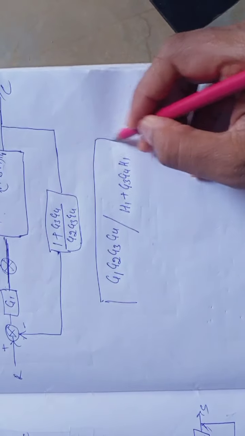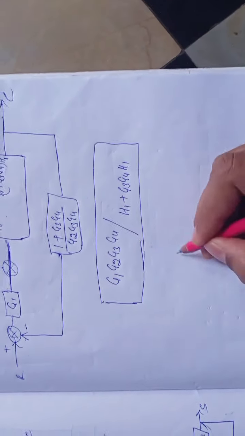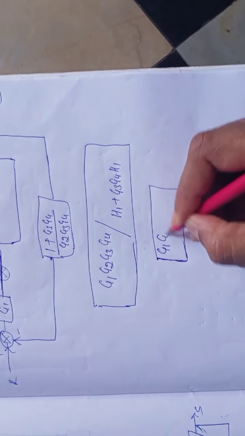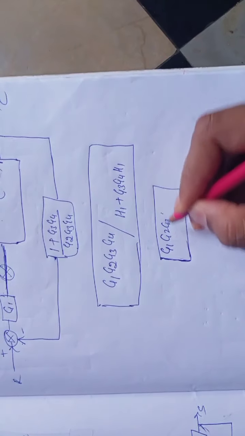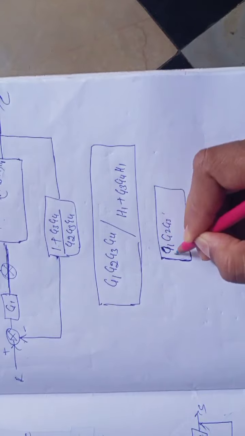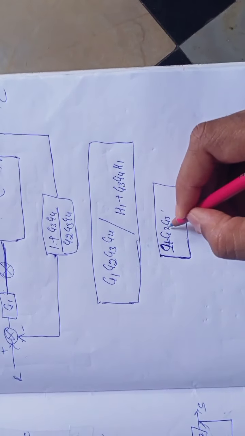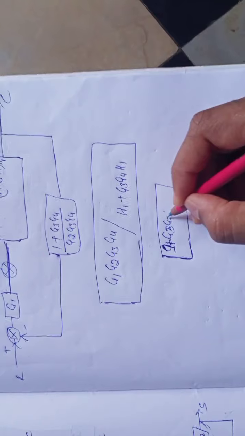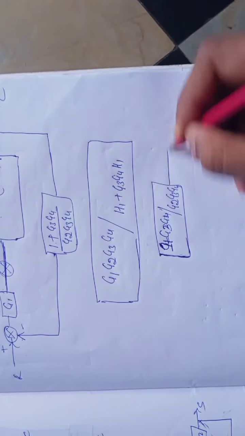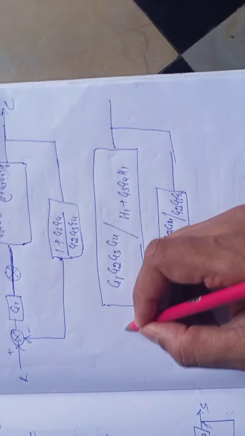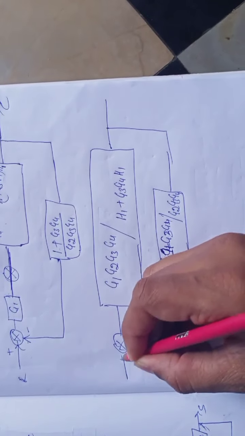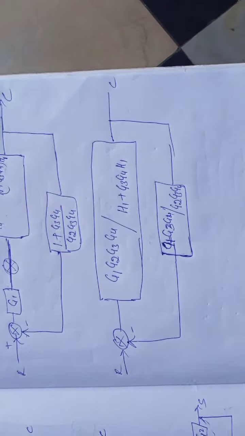This becomes a single block, and here the feedback is 1 plus G3 G4 divided by G2 G3 G4. This is R and C.